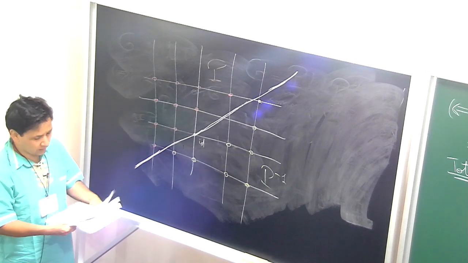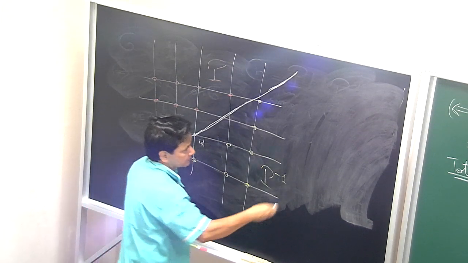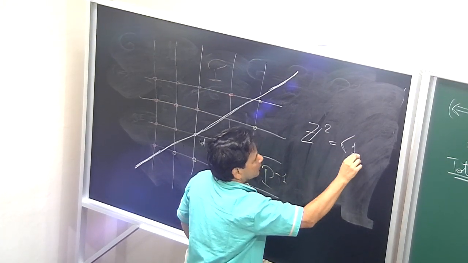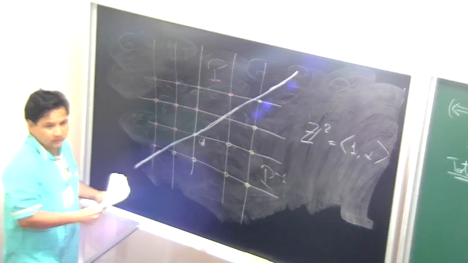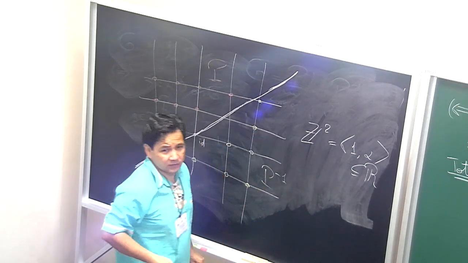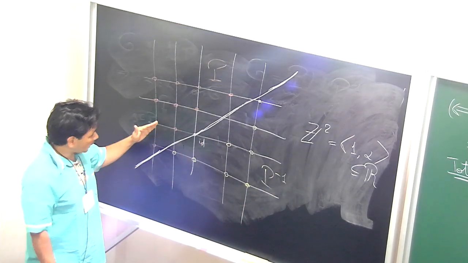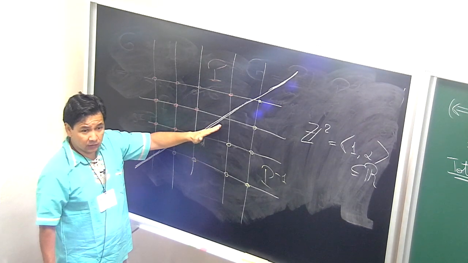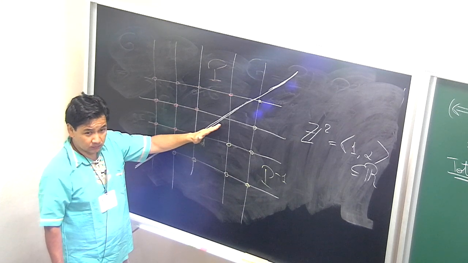Yesterday we took a realization of C to the square as the group generated by one and some irrational number inside R. This is essentially equivalent. And you may ask, what happens if instead of taking a line with irrational slope, I take a line with rational slope?